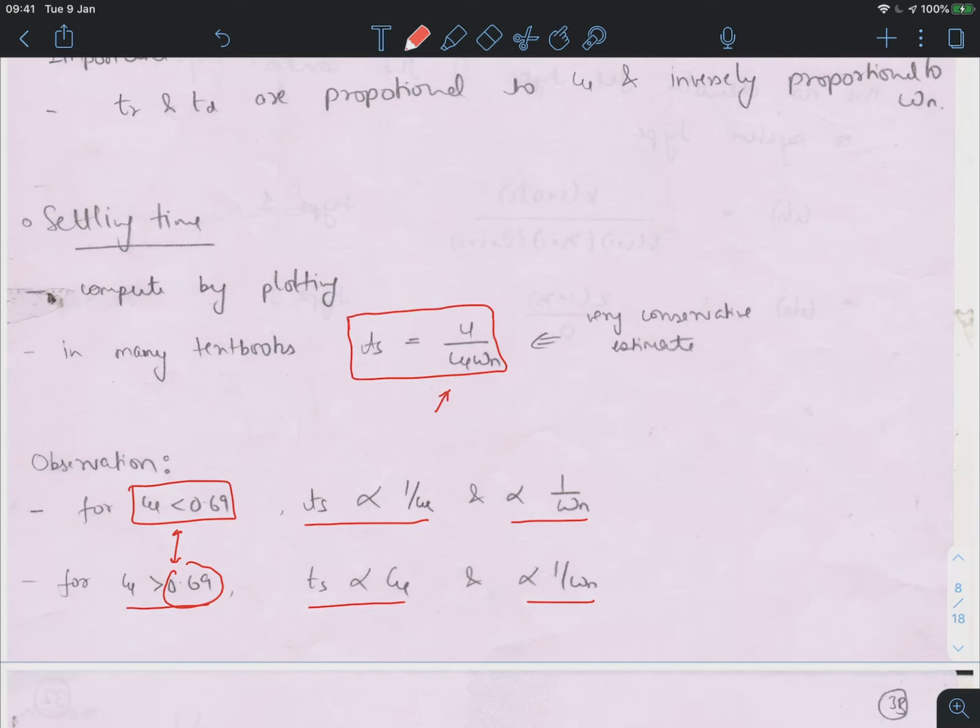But generally, if you want to analyze your closed loop system for the settling time, it is always better to do it by plotting the responses and adjusting the response by designing the controller so that you can get your desired settling time.